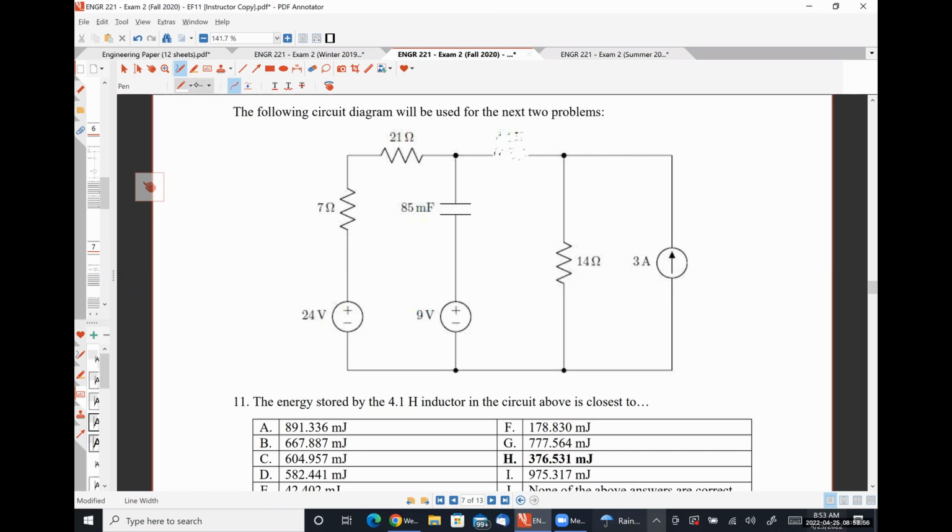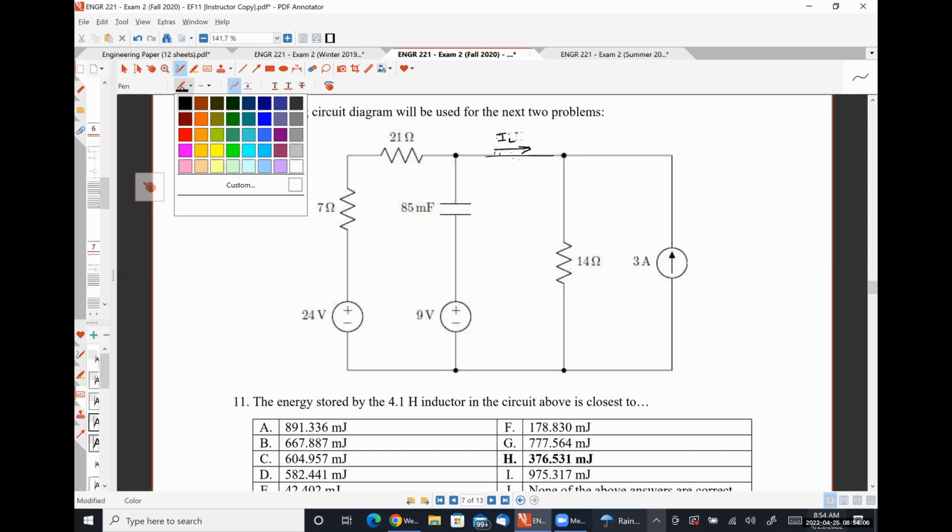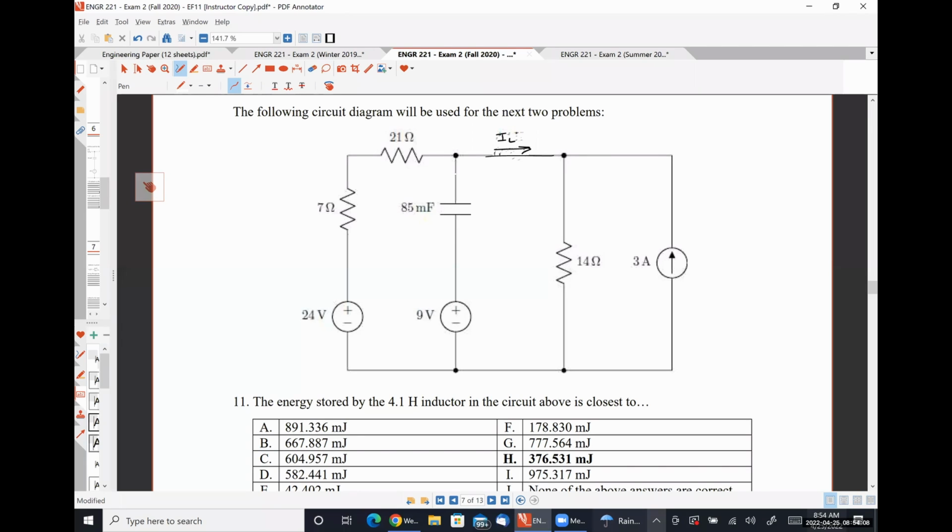But if we were to treat this as a short circuit carrying a DC current IL, and we were to treat this as an open circuit over which a DC voltage VC appears.